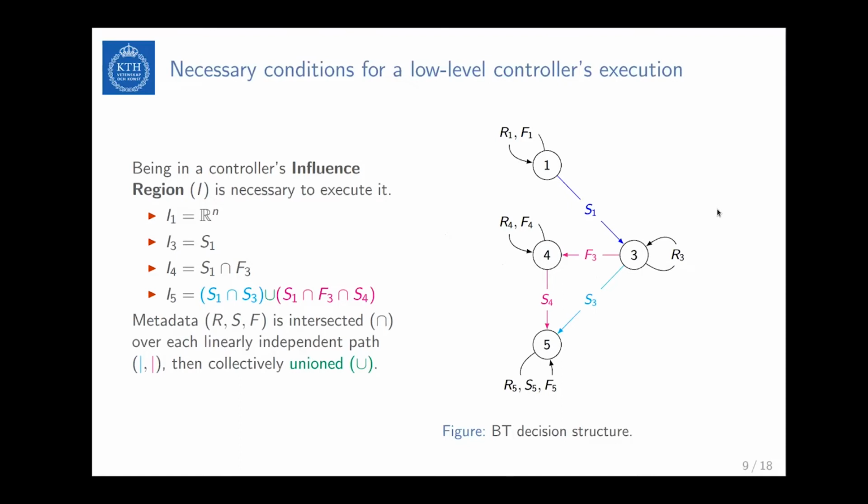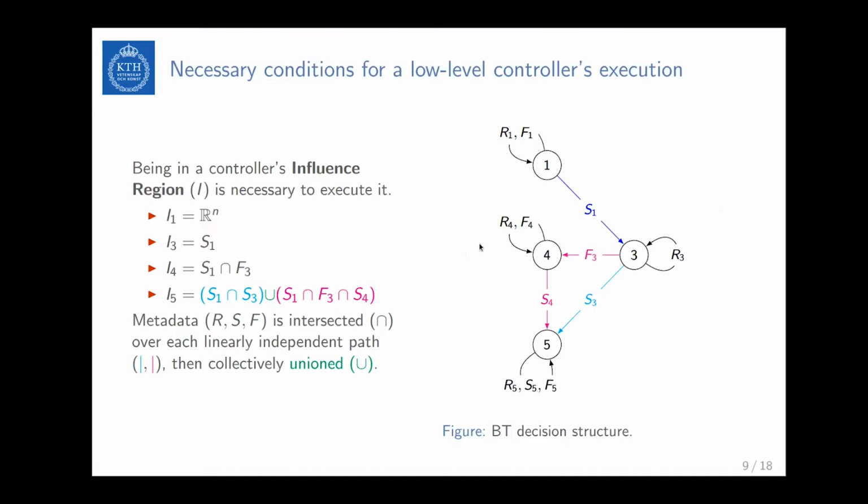This is the decision structure we had before. And as I said, there are multiple different paths to get to action 5. Actually, for each one of the actions, there are different paths you can take. But let's just look at action 5. We can either take this path here, or we can take this path here.